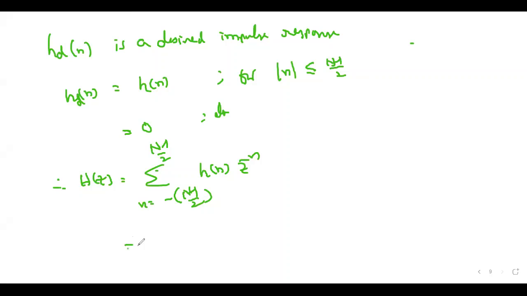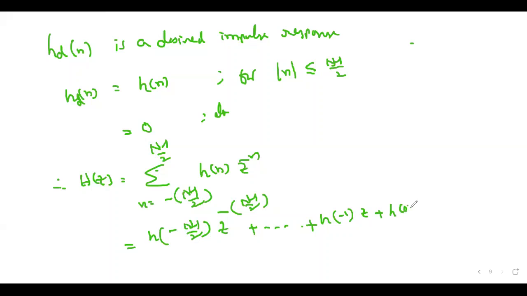When you expand this, you get h of minus (N minus 1)/2 into z power (N minus 1)/2, plus and so on, plus h of minus 1 into z power 1, plus h of 0, plus h of 1 into z power minus 1, plus and so on, plus h of (N minus 1)/2 into z power minus (N minus 1)/2. Sorry, the sign is plus in the first term.